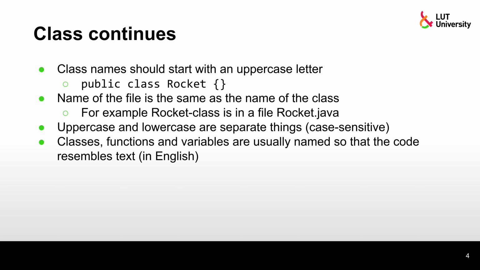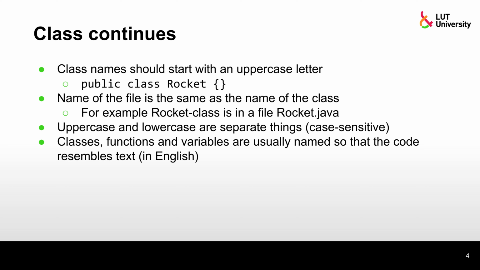And classes, functions, and variables are usually named so that the code resembles text in English. So we are not writing our code in Finnish or in Russian or in German. We are writing it in English. So the variables are like rocket or car. So there is no Luftwaffe or mjölk or talo.